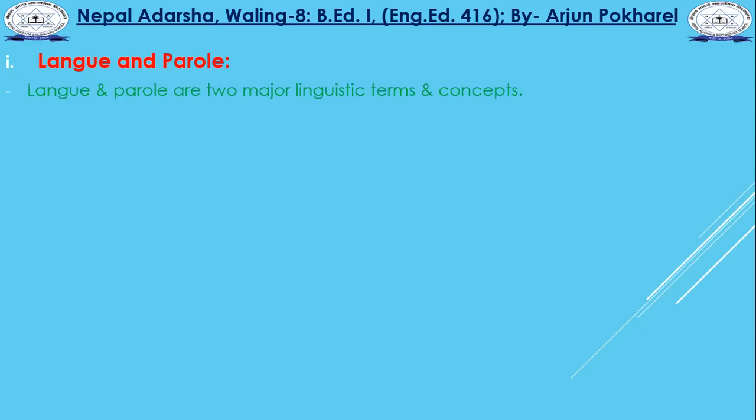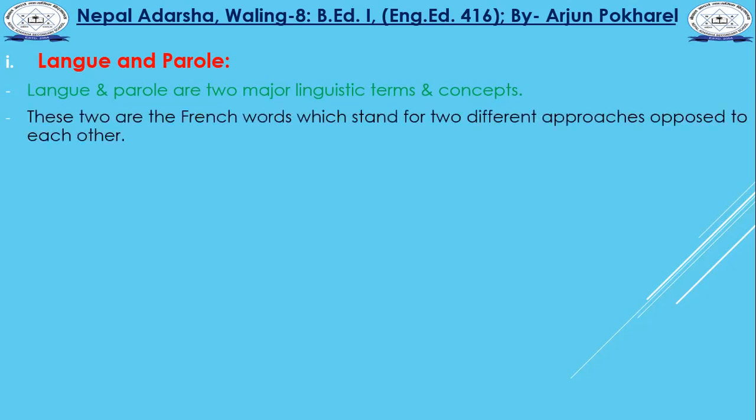Langue and Parole are two major linguistic terms and concepts coined by Ferdinand de Saussure. He coined the terms Langue and Parole in the 20th century. These two are French words which stand for two different approaches opposed to each other.